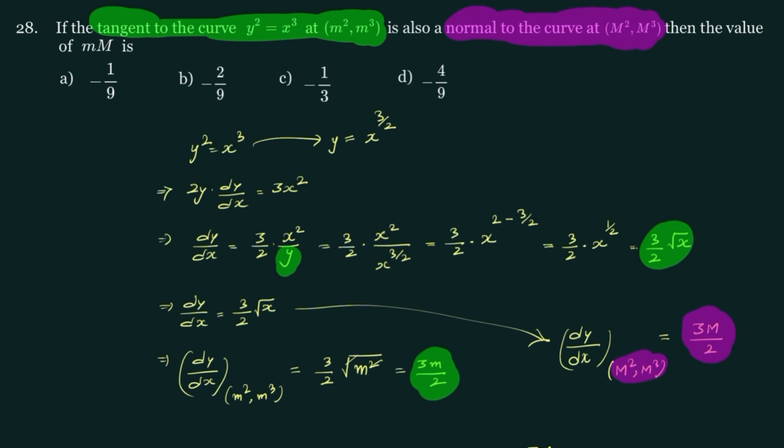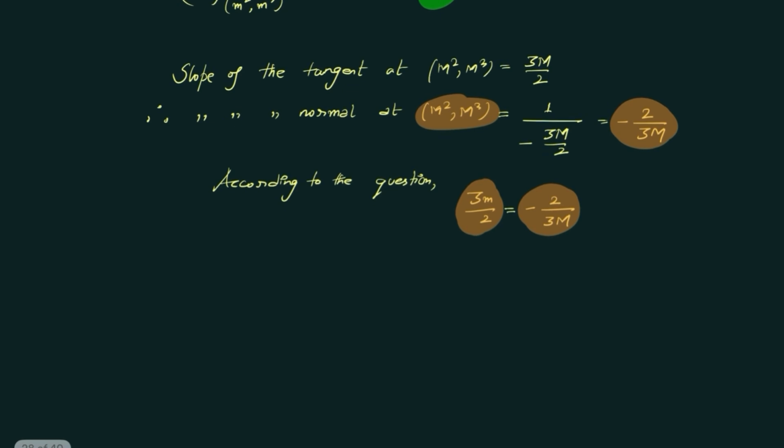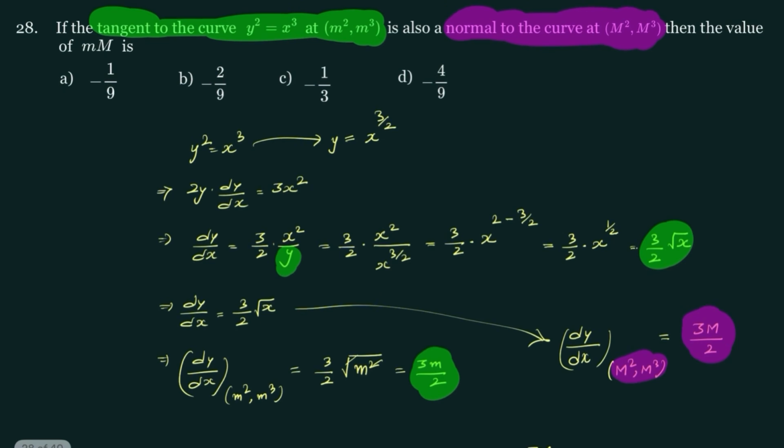That means they are the same line. That's why the slopes should be equal. Now if I cross multiply here, small m times capital M will be equal to minus 2 times 2, which is 4, by 3 times 3, which is 9. So my product of small m and capital M is minus 4 by 9. That means option D is the correct answer here.